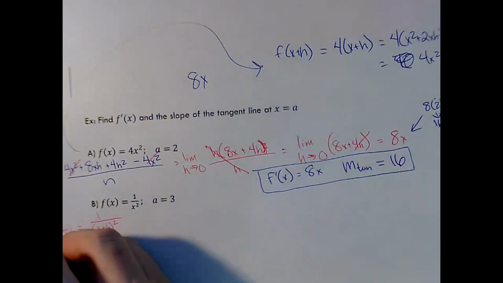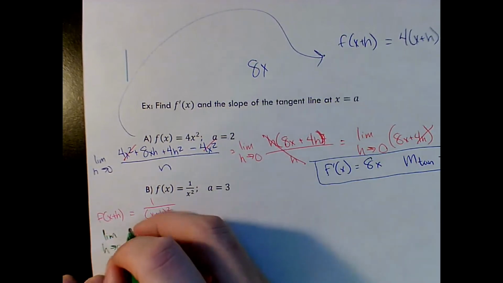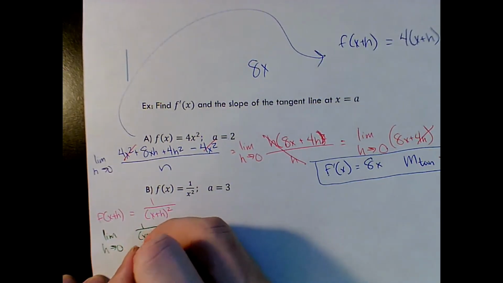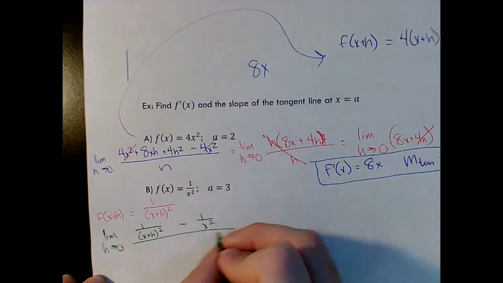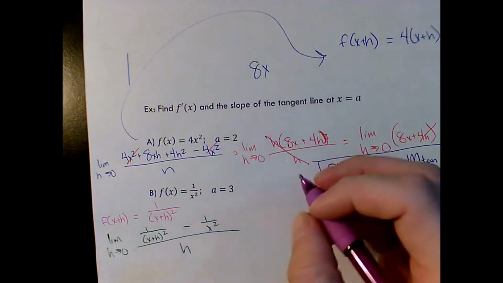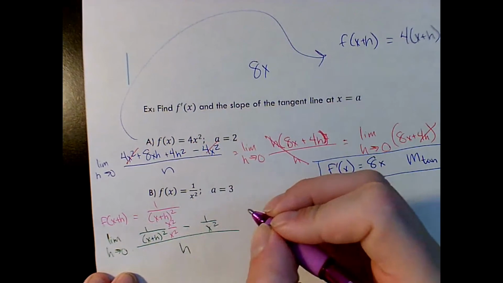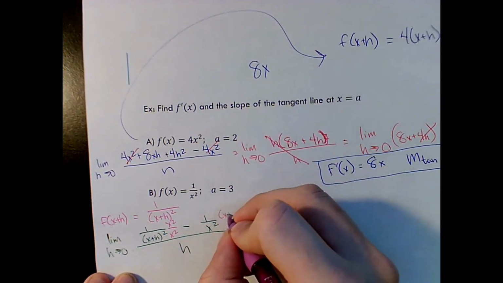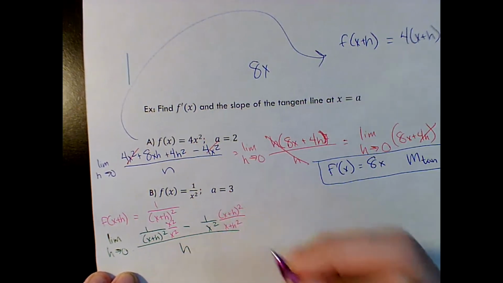So the limit as h approaches 0 of f of x plus h minus f of x over h. Let's multiply the top and the bottom of this by x squared over x squared, and the top and the bottom of the other by x plus h squared over x plus h squared.